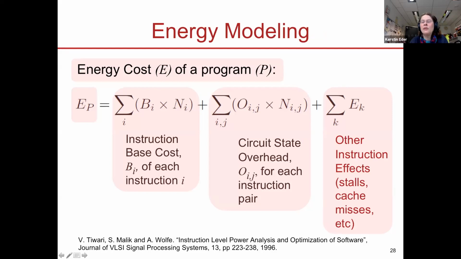And we need to account for how much it costs if they are invoked. So if the pipeline stalls, how much does that cost? If you have a cache miss, how much does that cost? If a branch is mispredicted, how much does that cost? These are not easily attributable to individual instructions. You can already see that this can be quite complicated, so it's not actually as simple as it might appear.